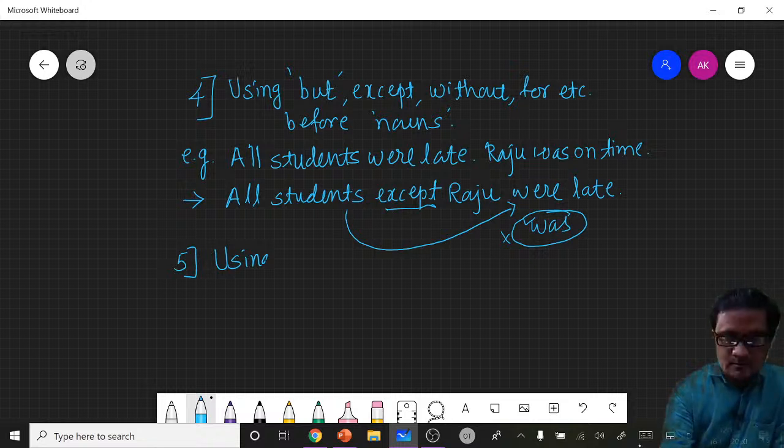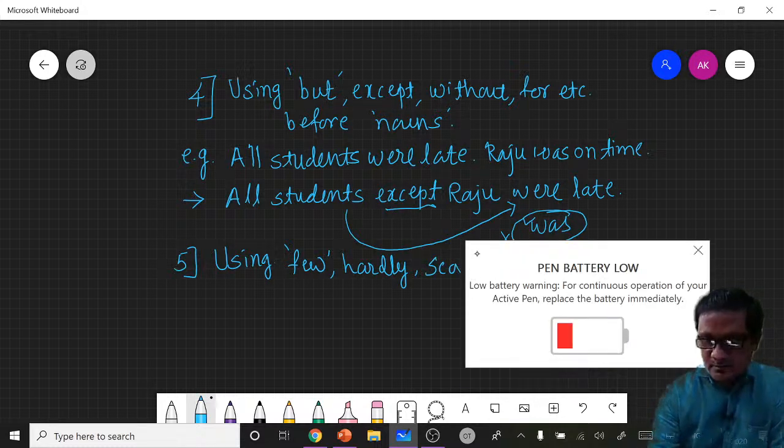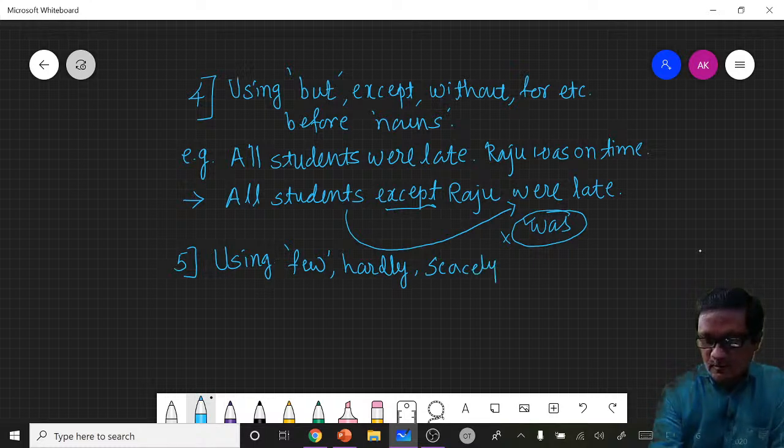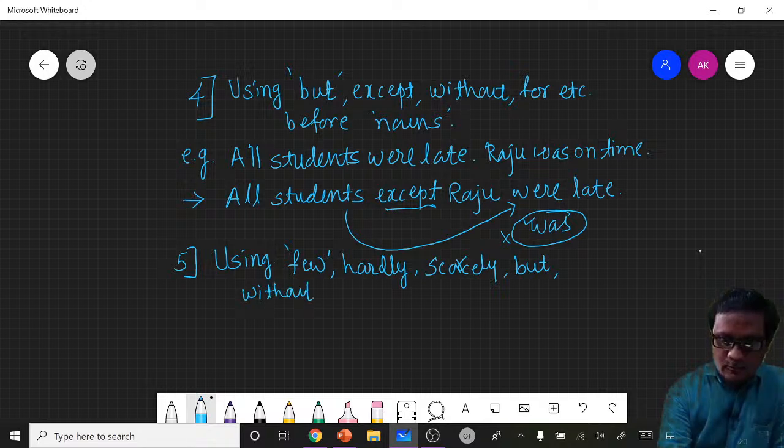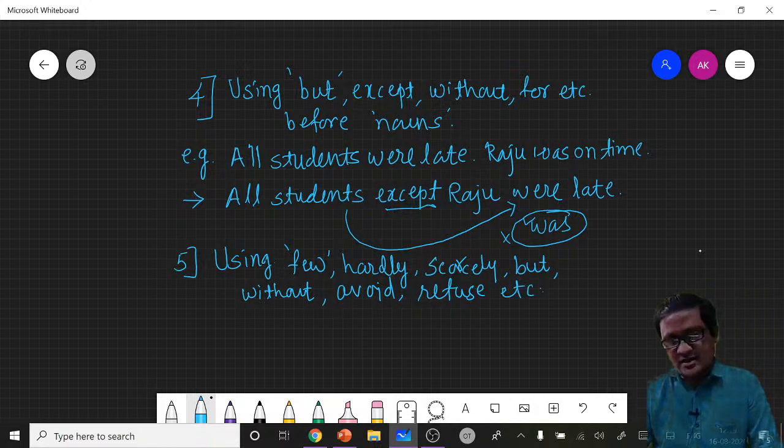Using few, hardly, scarcely, then but, without, avoid, and refuse, etc. Using few, hardly, scarcely, when, it is also one kind of structure that we may learn in English grammar in the next periods too.